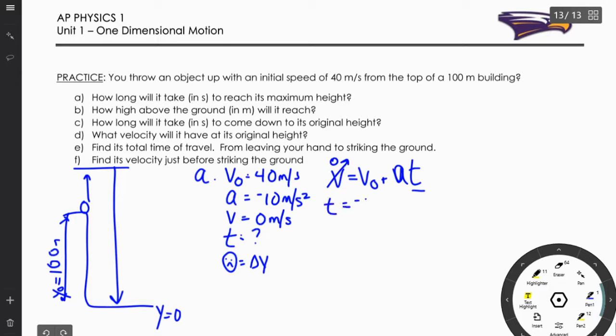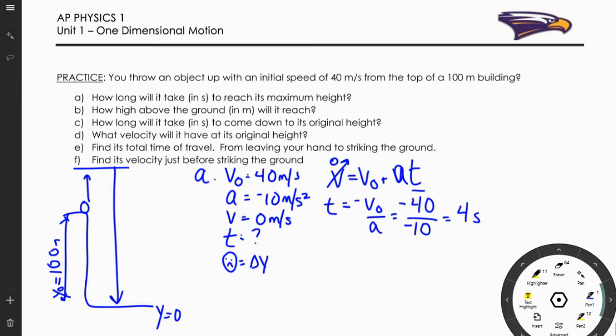So time is going to be negative v0 over a, and we plug in our numbers, negative 40 over negative 10. Know that this negative comes from solving, and this negative comes from the fact that it's in free fall. So it's going to take 4 seconds to get up to that point.